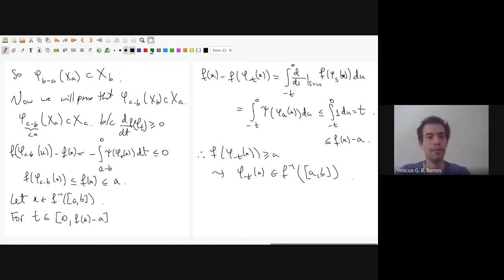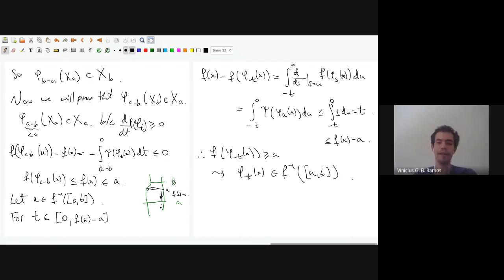So what I'm saying is, again, if this is b and this is a, and I pick something here, then if I apply this time, I cannot be going faster to get out of a in time less than f of x minus a. And in fact, I'm going to go exactly at the speed 1.